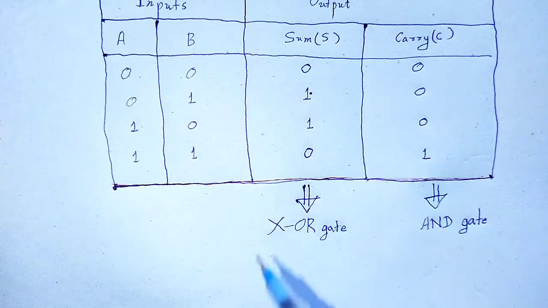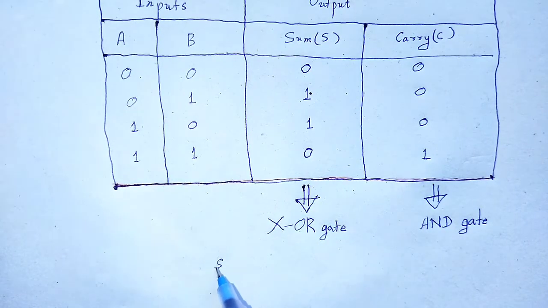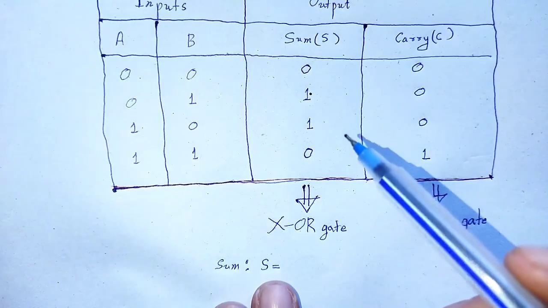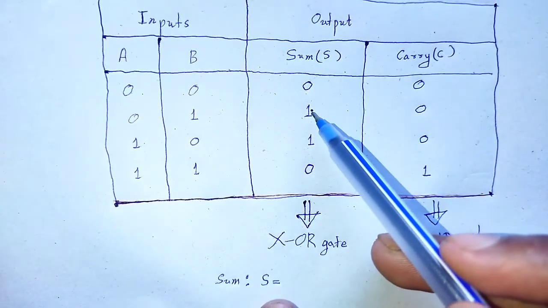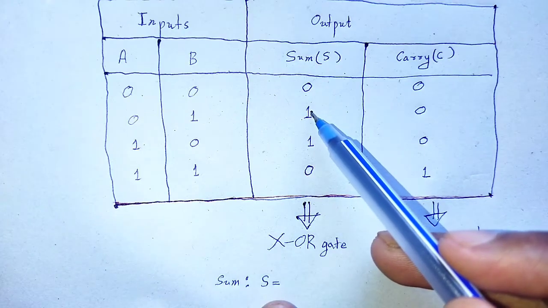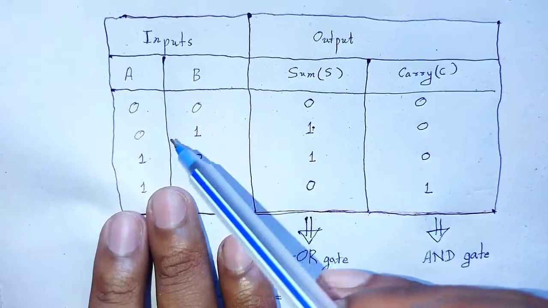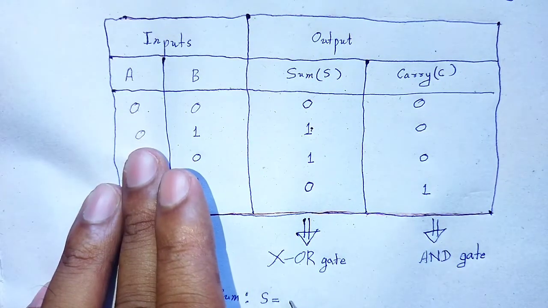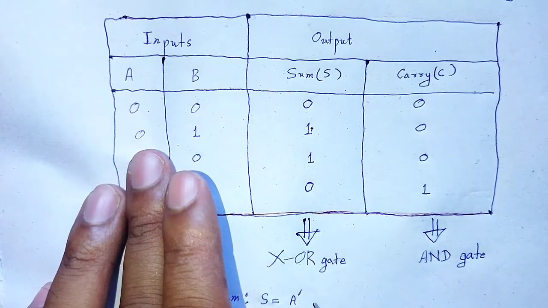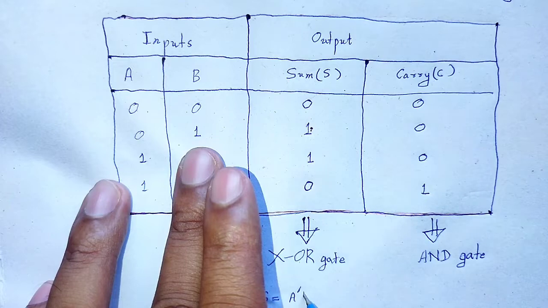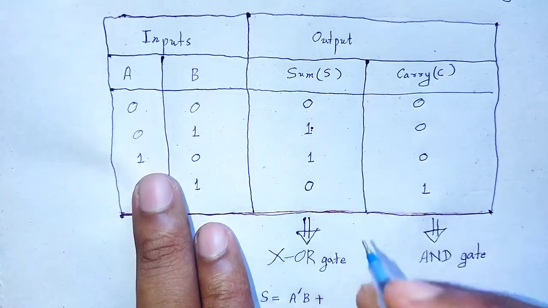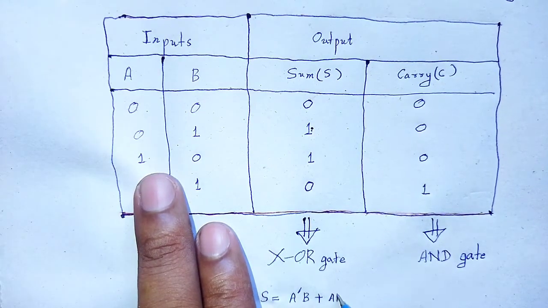Therefore for the sum, S is equal to, where we have 1 in the sections, we write the inputs: for 0 as A prime, for 1 as B, plus another term where we obtain 1 0, A B prime.